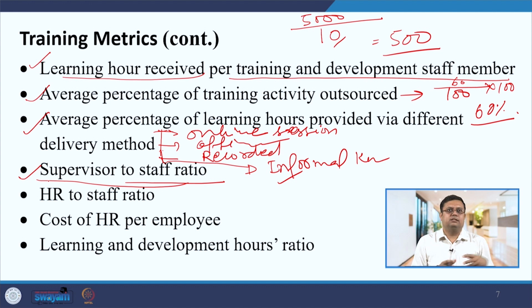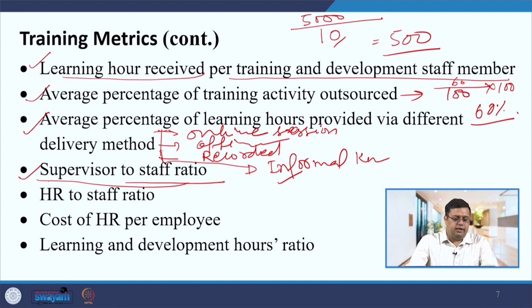If the span of control is very small, then you cannot call many people simultaneously for training, because they have to do the departmental activities also. Otherwise, you would have to close the office and conduct the training for all employees, right. So that is the decision you have to take.